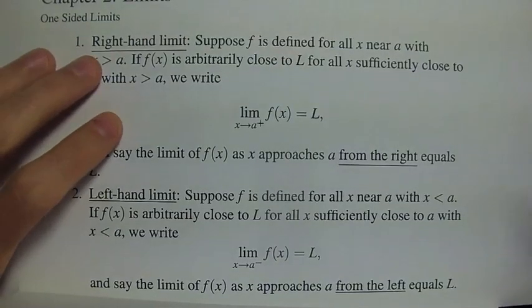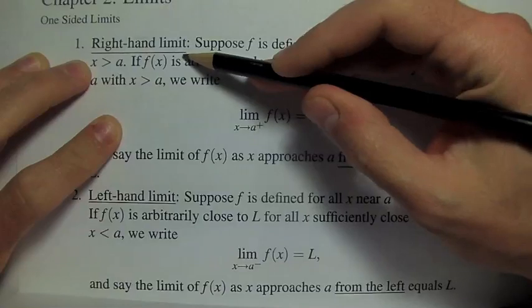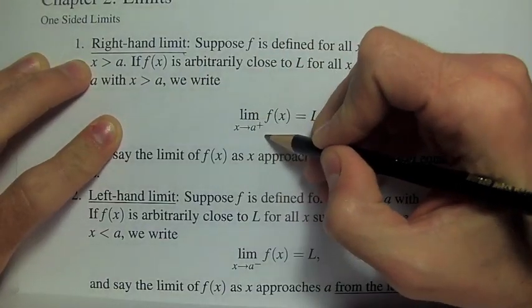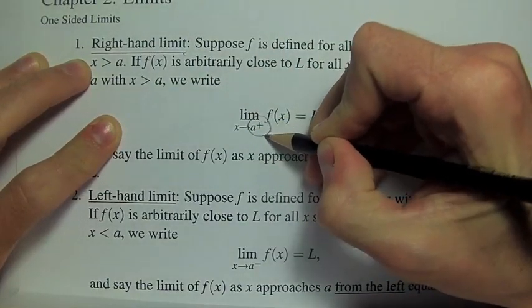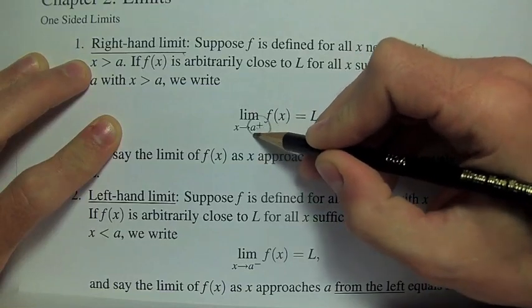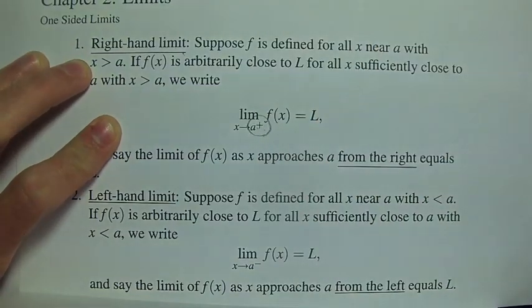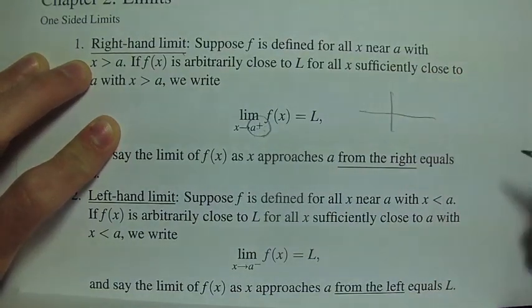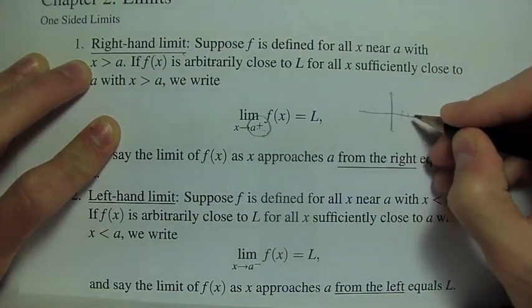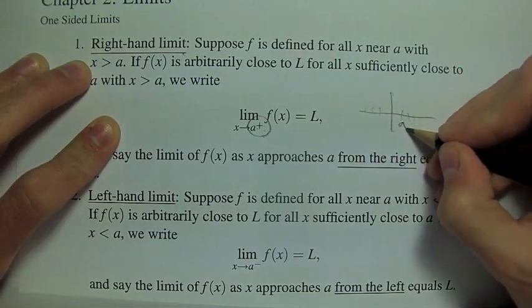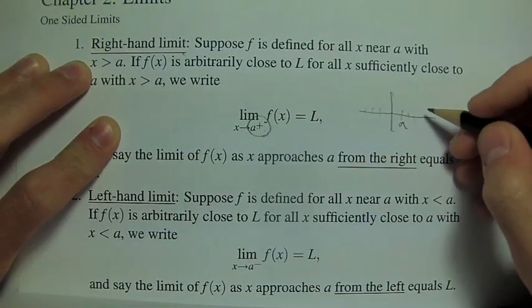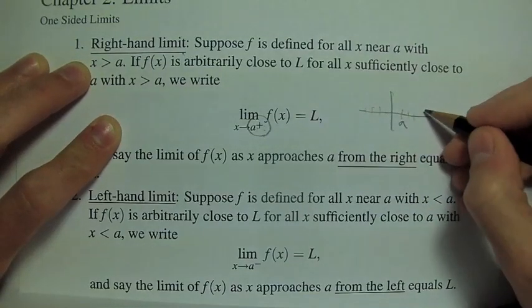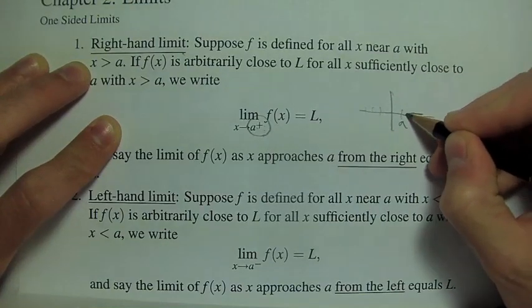Okay, now the thing to note is from the right-hand side, we have this notation here, a to the plus. And how I think about this is if we're looking at a right-hand limit, we look at the limit as it comes from the right.